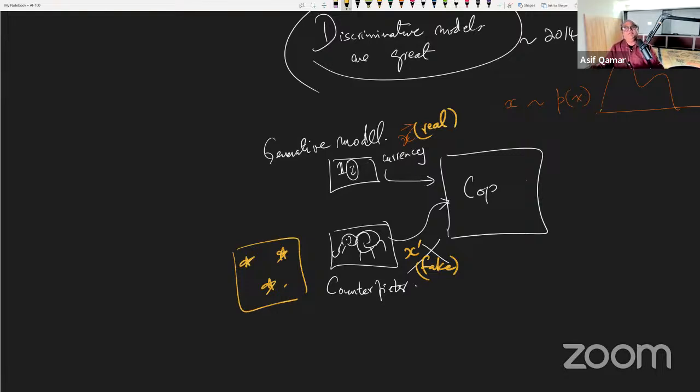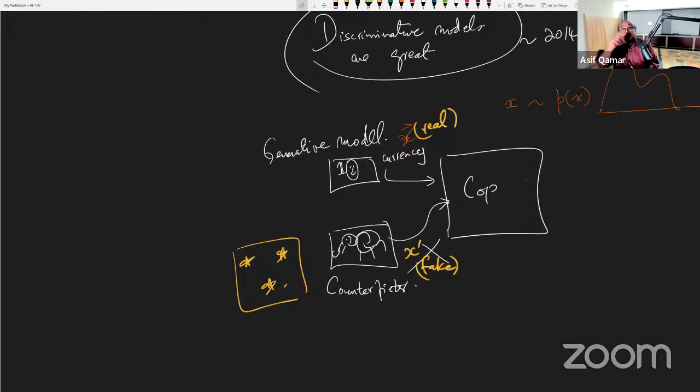But here is a game we'll play. We will take a completely dumb cop who has never seen dollar bills, and a counterfeiter who has never seen dollar bills either. And here's the best part: we'll make them play adversarial games.